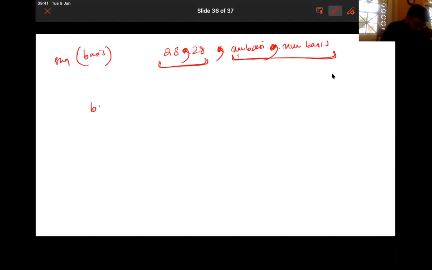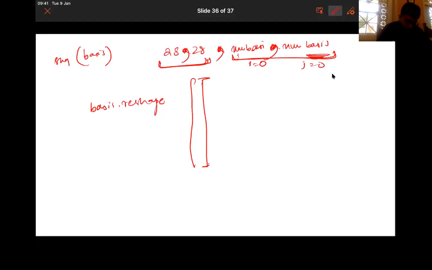So I say that let's do bases reshape. And reshape starts by reshaping the last parameter, I think. I think I need to look at the documentation. But what it would do is, it would take this 28 by 28 for i equal to 0 and j equal to 0, put it here. Then it will take i equal to 1, j equal to 0, put it in the first column.